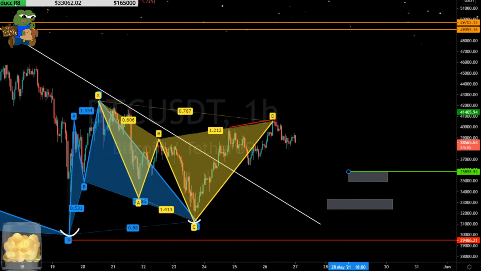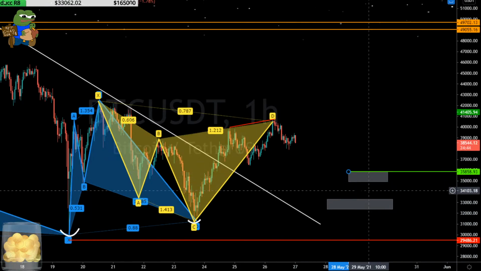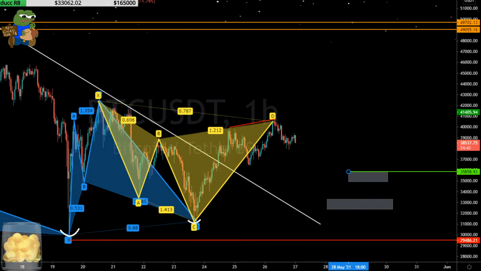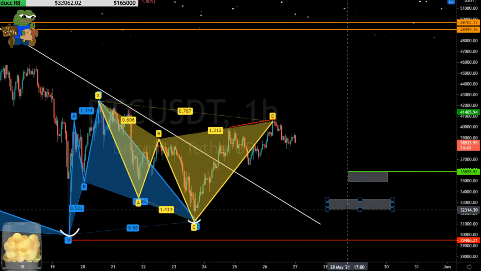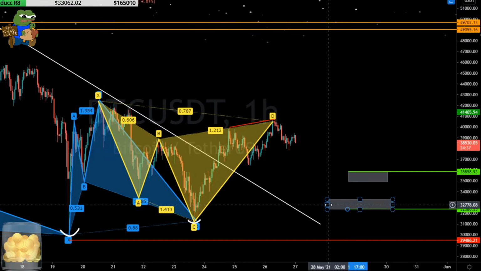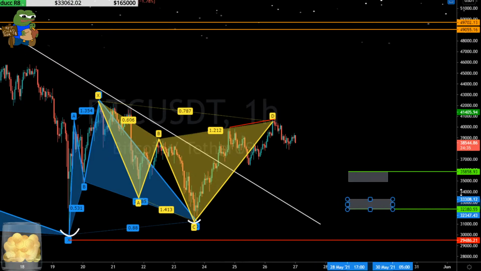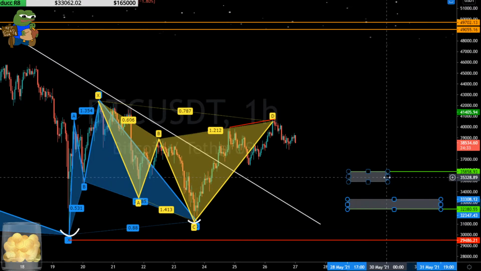The level would start at basically 35.8. Remember we said 36 to 32, and you would finish in that 32.3 range, okay? So you have these two levels now to layer.